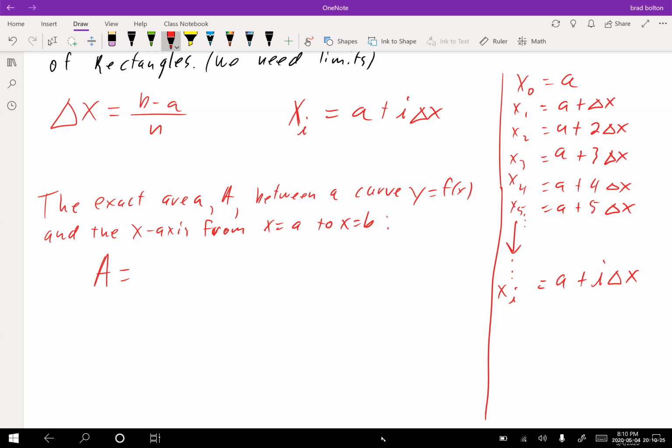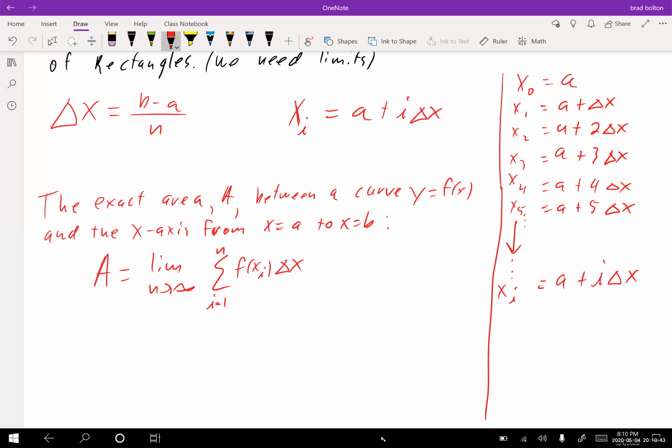A equals the limit as n approaches infinity of the sum of all of these rectangles. So that'll be i equals 1 to, oops, not to infinity, to n, of f of x sub i times delta x.